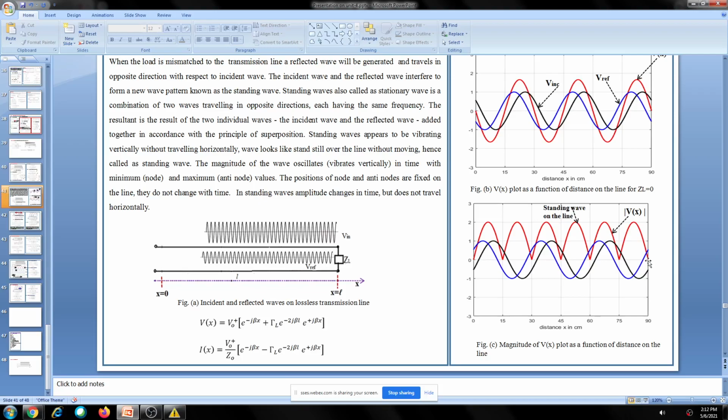So we get 0 for a short, but if you connect an open, then what happens? The reflected wave is in phase, as I explained in the previous class. Tau is +1 for ZL equal to infinity.